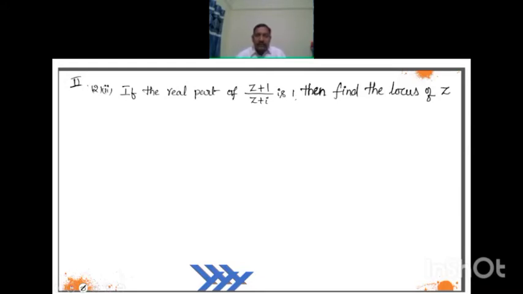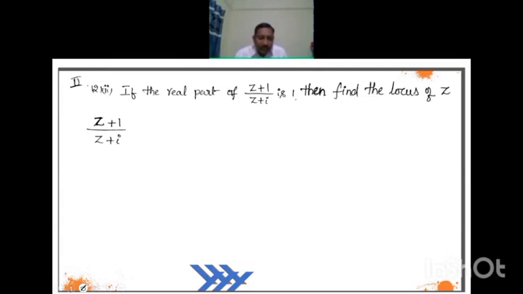So again, to find the locus of z, we have to take z is equal to x plus iy, and then find out the real part. If you write z is equal to x plus iy, and give the expression in the form of x plus iy, we can find the real part.